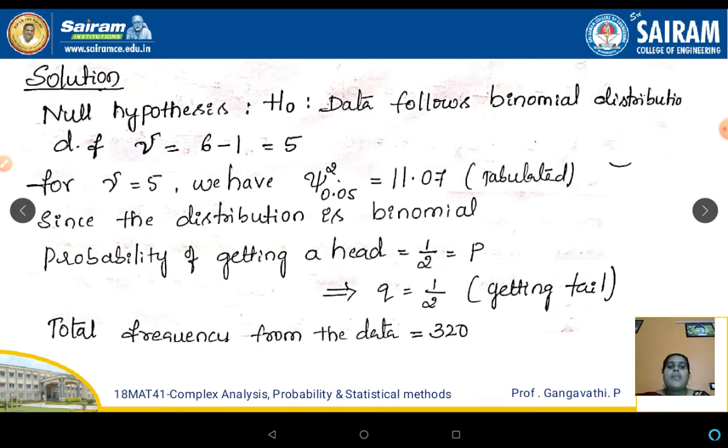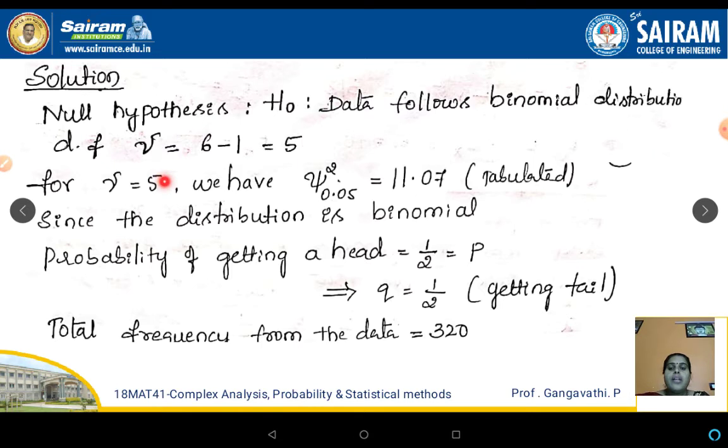Since it is a binomial distribution, the degree of freedom. If you remember in the previous session, we discussed that for every distribution, binomial, Poisson, normal, the degree of freedom varies. For the binomial distribution, the degree of freedom is n minus 1. So here the degree of freedom is 6 minus 1, which is equal to 5.